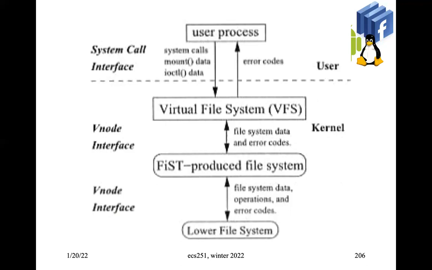Okay, so we talk about this picture. We have a user process going to VFS, and the VFS goes to the lower file system. So what we did is that we have a VFS which encapsulates all the differences in the lower layer, and then we are able to support both the local file system and NFS immediately.